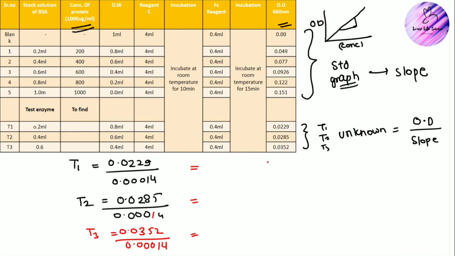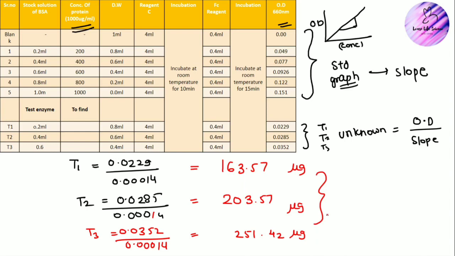The final answers you are going to get are in microgram. Remember that I am calculating in microgram. You will have to convert it into milligram further. For example, the first one will be 163.5, second one will be 203.57 and third one will be 251.42 microgram. Now you have the microgram of protein that you have used in your test solution.